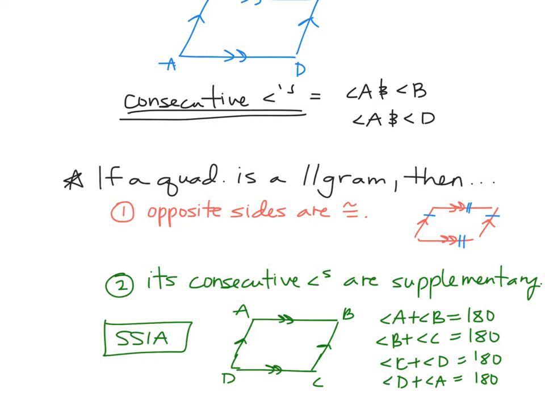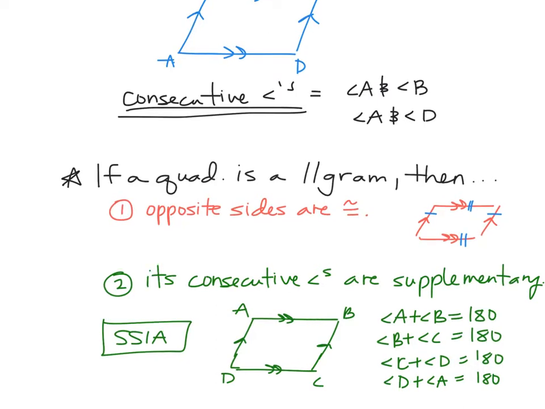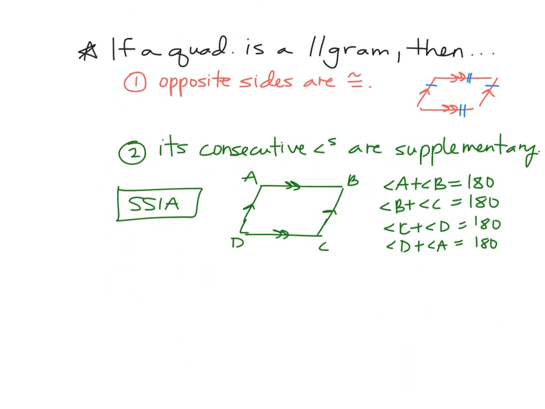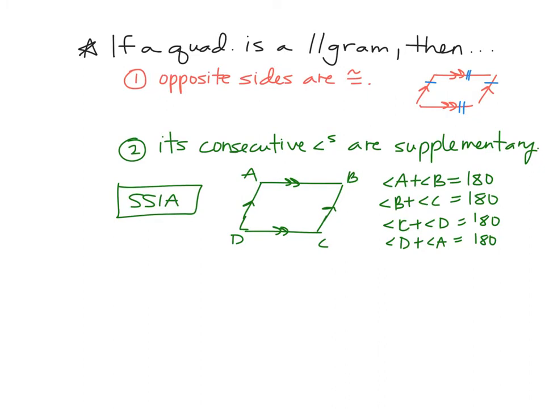Okay, and then the third theorem, instead of dealing with the sides, deals with the angles. And this one says if a quadrilateral is a parallelogram, then its opposite angles are congruent. Okay.